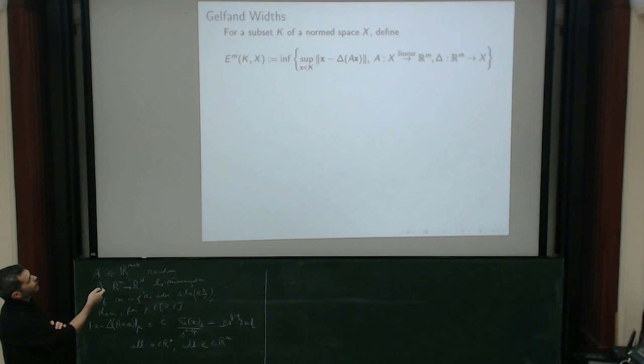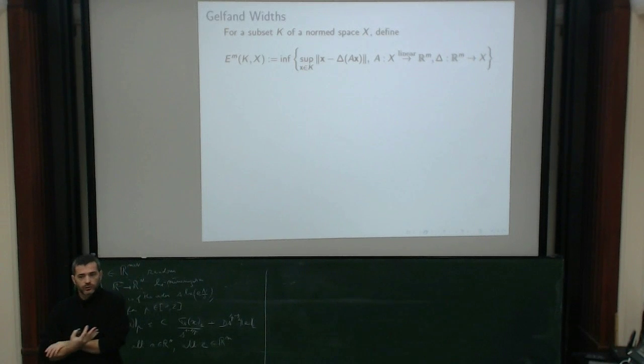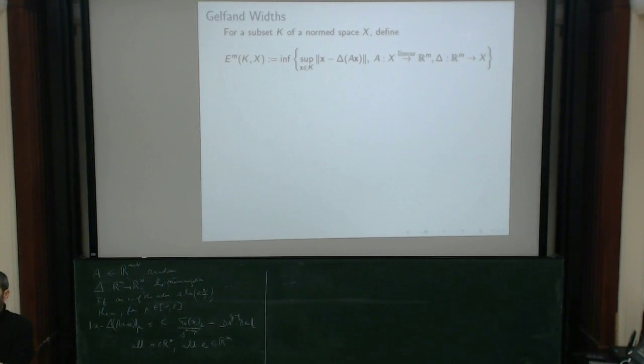So in the worst case, when I take the sup over K, right? And in fact, I want to choose the best possible A and delta, just with the assumption that A is linear. So if I take X to be Rn, this is just a matrix, and so no condition on delta. In particular, it doesn't need to be an algorithm. It doesn't need to be practical.